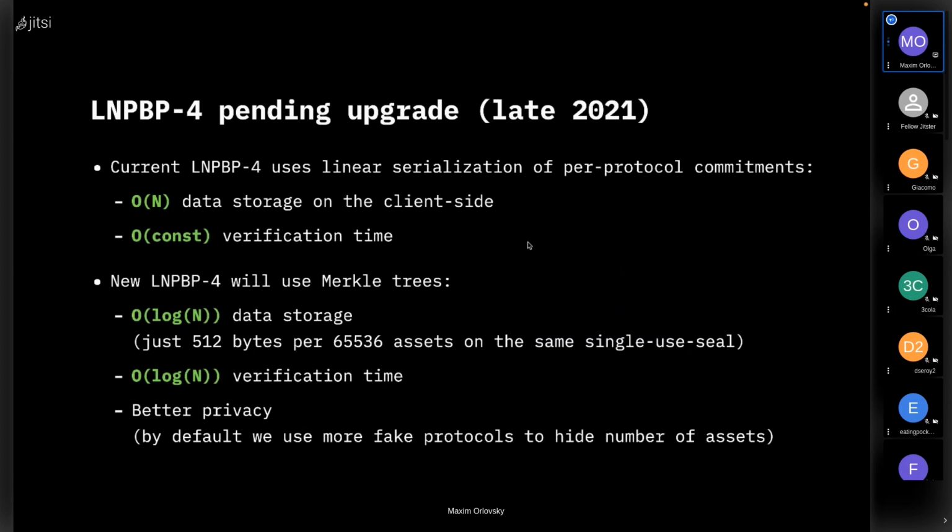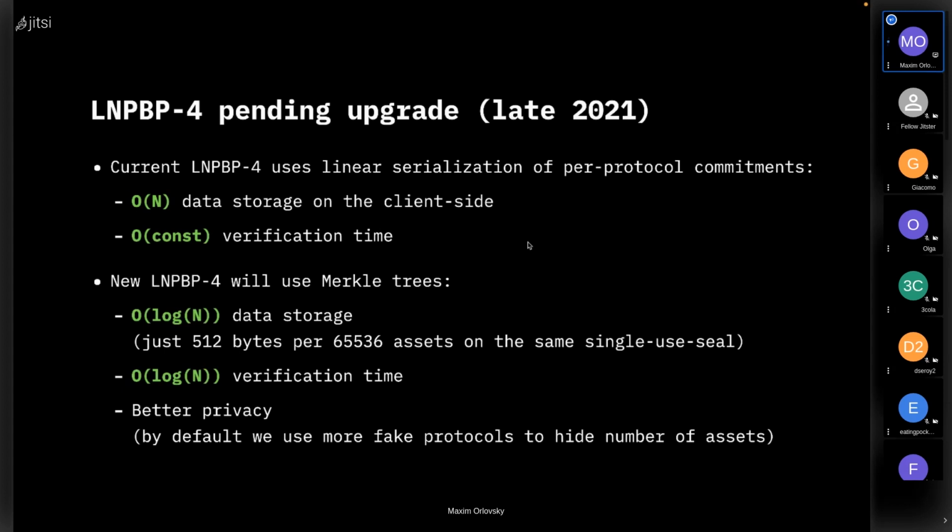We have found that LNPBP4 can be enhanced by using Merkle trees. So you don't need to keep the linear structure, because with the linear structure on the client side, you have to keep an amount of data proportional to the number of the actual assets and commitments you have to store. With Merkleization, you just reduce that to a logarithmic function over the number.